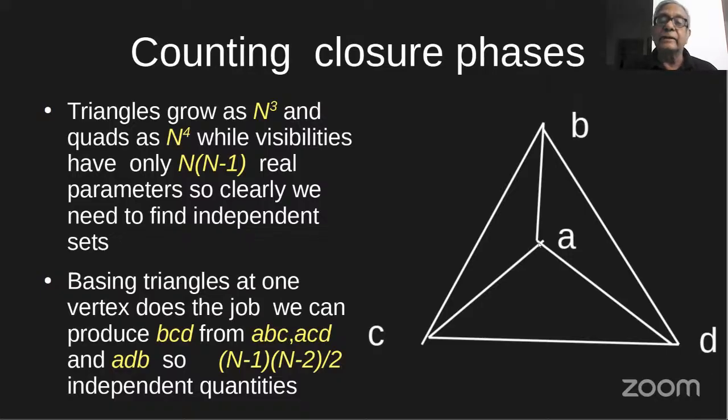So you notice that all the baselines which originate from A and go to these three vertices are traversed twice in opposite directions. And there's this standard property of visibilities that the visibility phase changes sign if you traverse the baseline in the opposite direction. Basically, you move the star to the other antenna. So the phases on these three baselines disappear, and what you get is the closure phase on BCD.